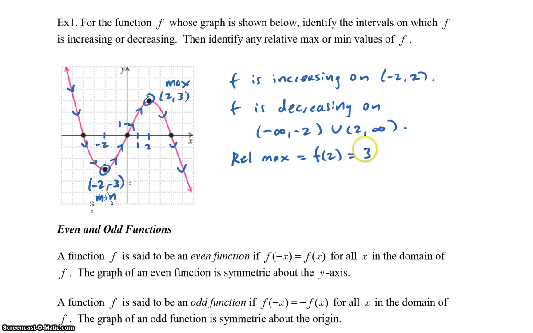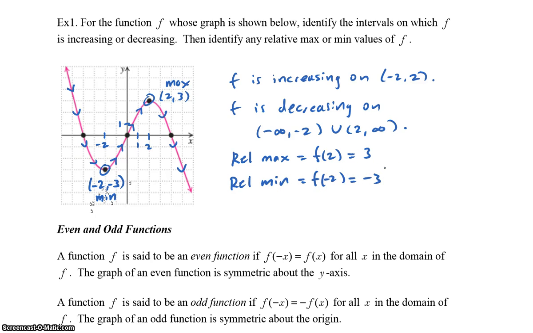So to say that f of 2 equals 3 is the same as saying that the point 2, 3 is on the graph. And then there is a relative minimum whose value is the value of f at x equals -2, and that value is -3.